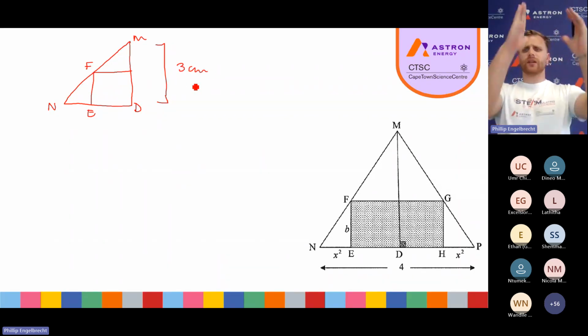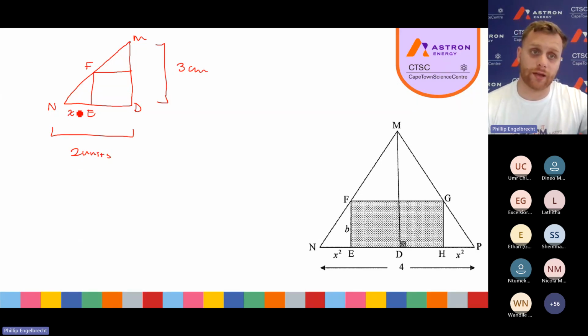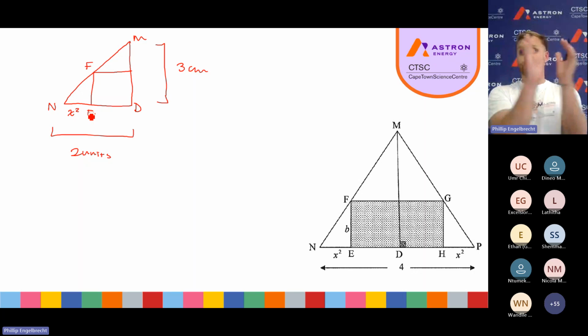Now guys, remember, this is now half of that triangle. So I know that N to D is simply 2 units. I know that this NE is x squared units. Okay. So I'm just focusing on half of my triangle at the moment. So what can I do now? And this is also B.